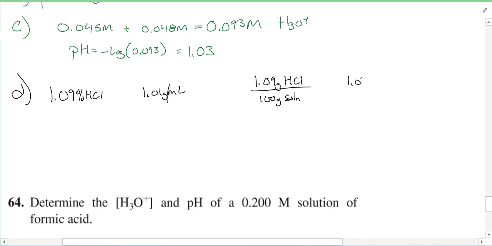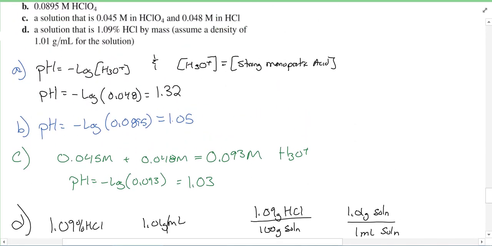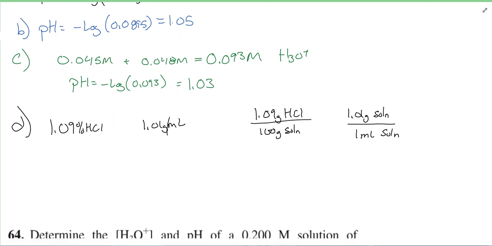And I have 1.01 grams of solution per 1 milliliter of solution. And we got to figure out the concentration of HCl. I know that I have 1.09 grams of HCl per 100 grams of solution.